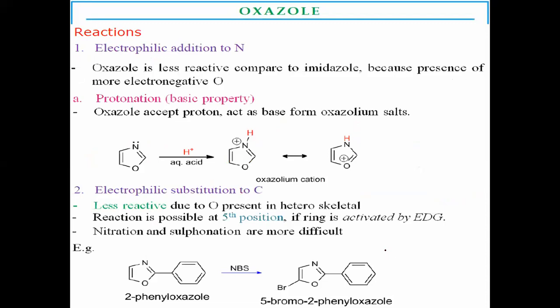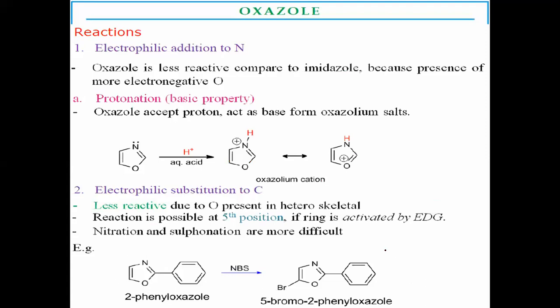Now we move to the reactions of oxazoles. There are two types of possibility depending on which heteroatoms are involved in the reaction.